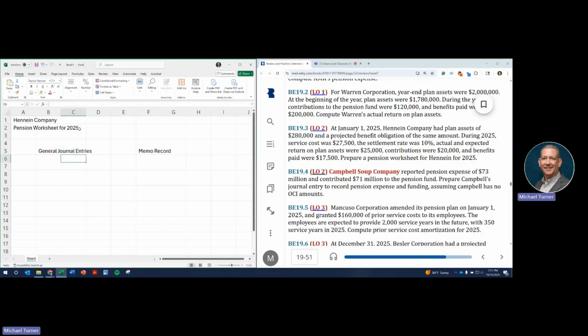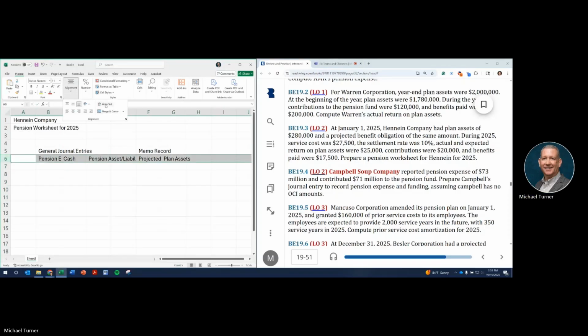And the three columns we need for the journal entries, first one is pension expense, and then we need cash, and then we need to consider the impact of the pension asset / liability. For the memo record, we'll need the projected benefit obligation and the plan assets. We'll do some formatting here real quick.